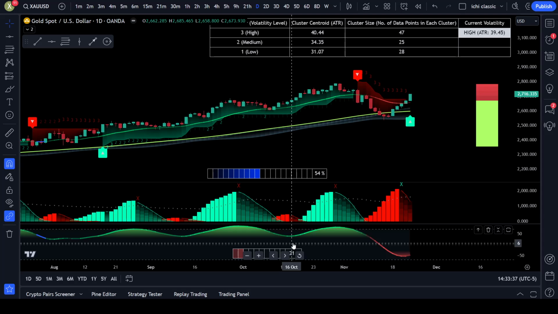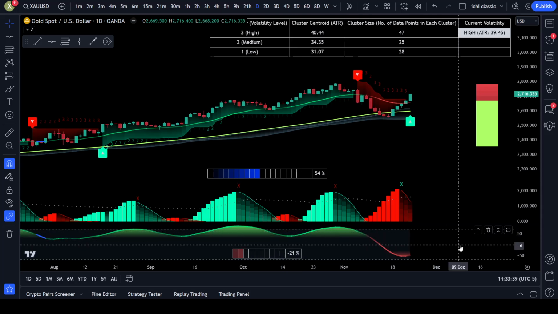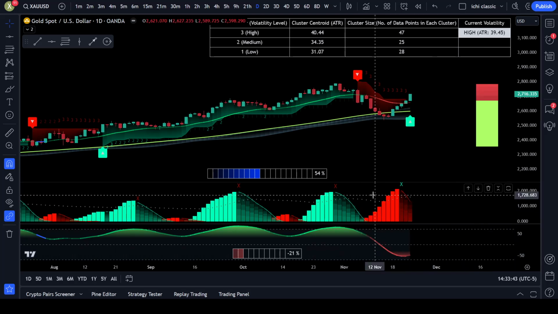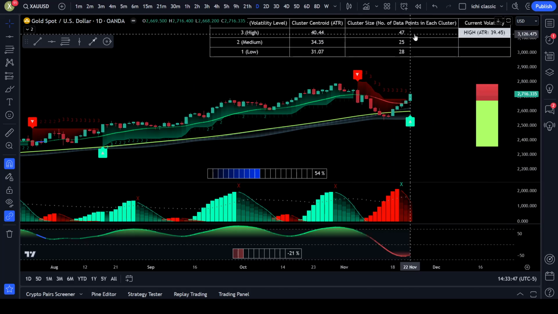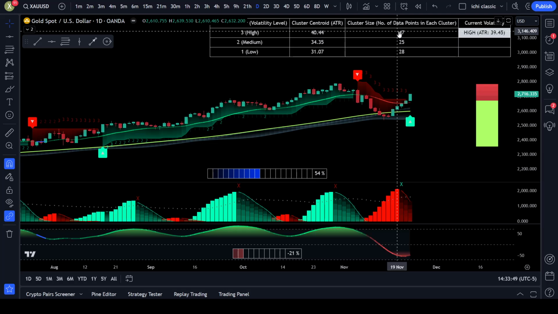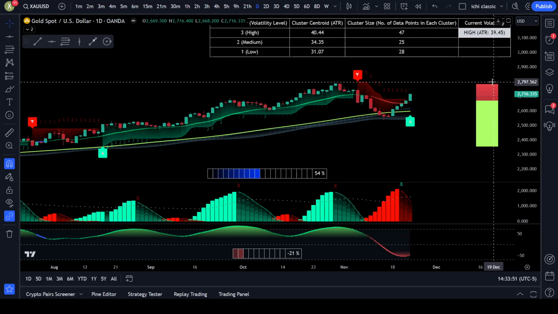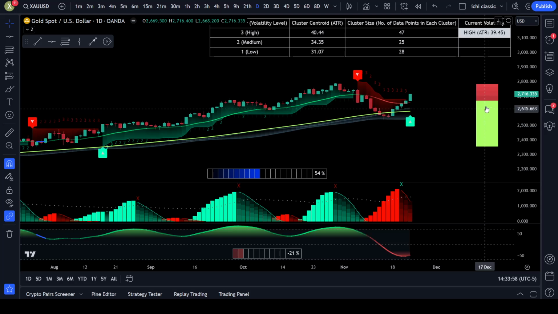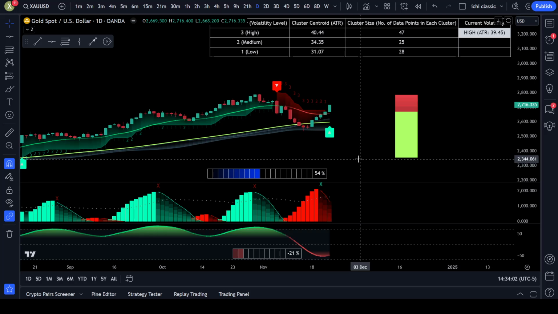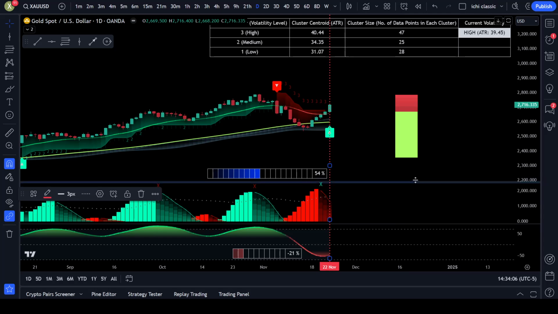If it's a buy, it has to be above the 0 level. Sorry, this is the 0 level, not 50. And if it's a sell, it has to be below the 0 level. And then, of course, 3 has to be the highest number. And then this should be mostly red, but in this case it is mostly green, which is bullish. So now on the daily, we have a buy signal.